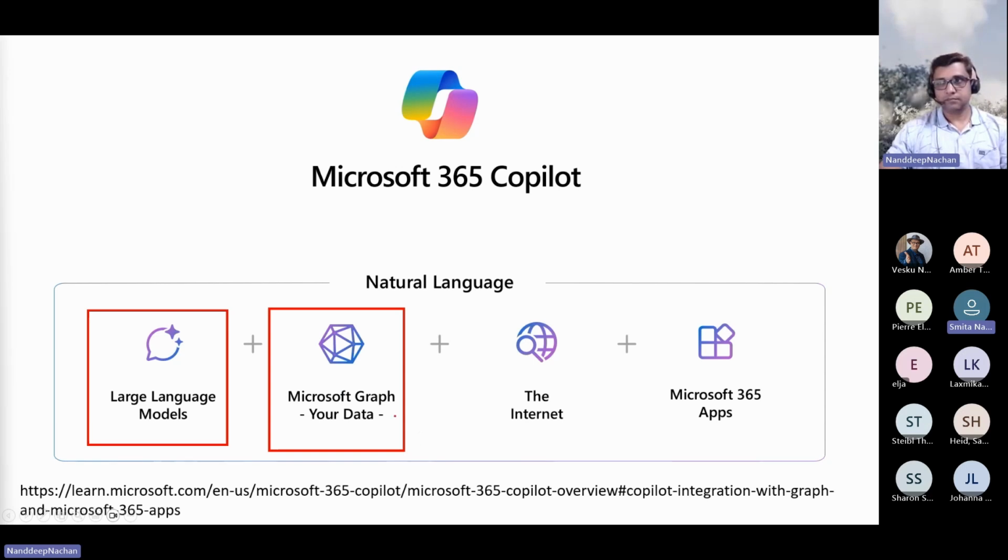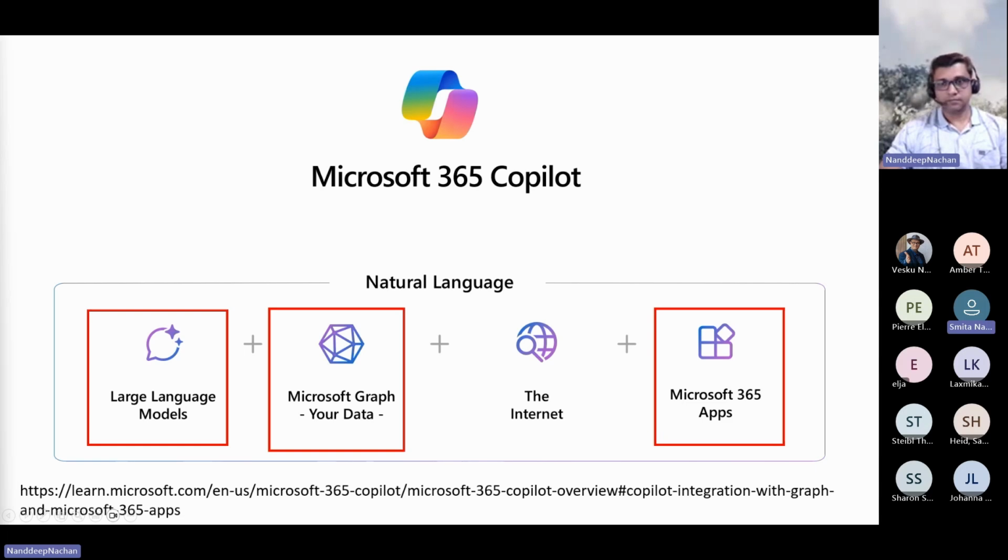The content in Microsoft Graph, such as emails, chats, and documents, is what you have permissions to access. The Microsoft 365 apps that you use every day, such as Word, PowerPoint, Excel, Outlook, Teams, Loop, and many more, operate with Copilot to support users in the context of their work.